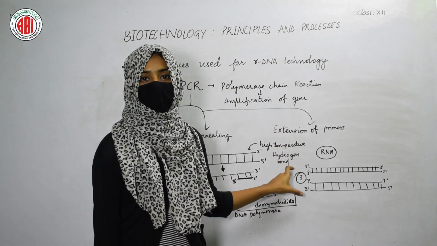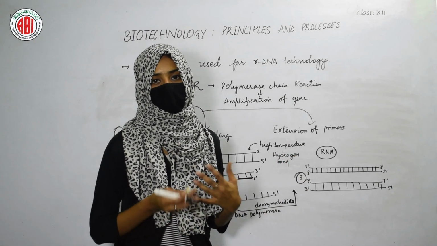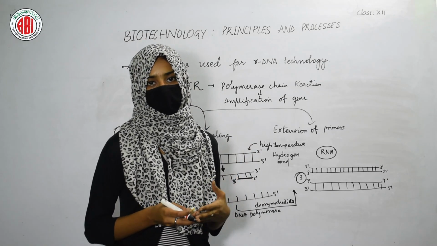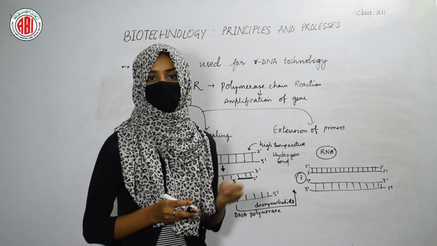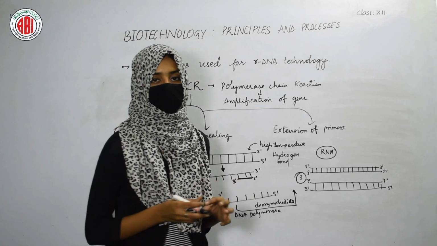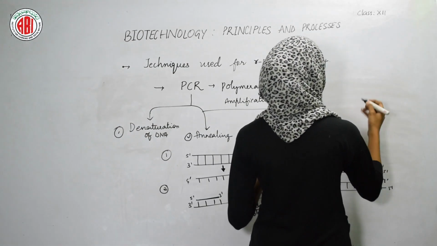As this process takes place at a higher temperature, the DNA polymerase enzymes present in our body cannot withstand this much high temperature. So we need to isolate the DNA polymerase enzyme from thermostable organisms, the organisms that live at very high or extreme temperatures.